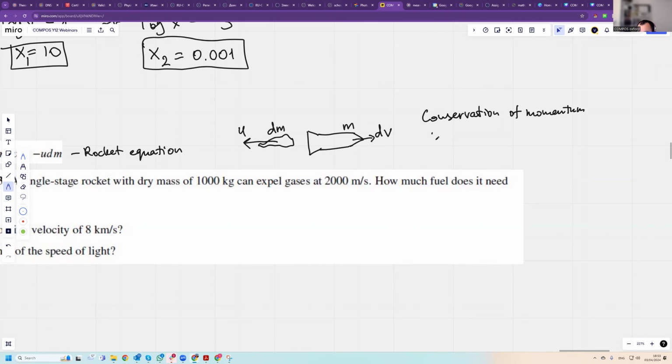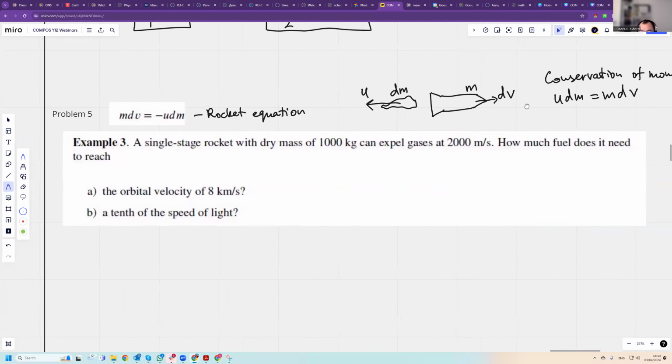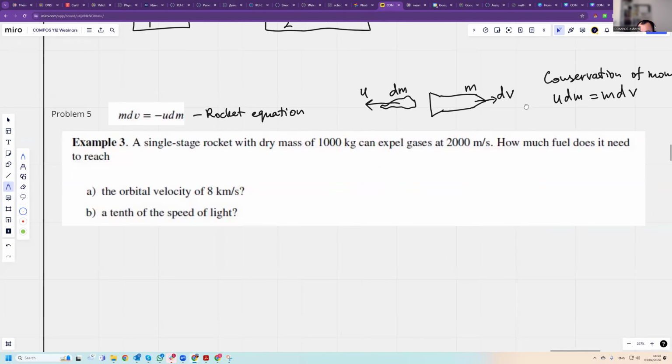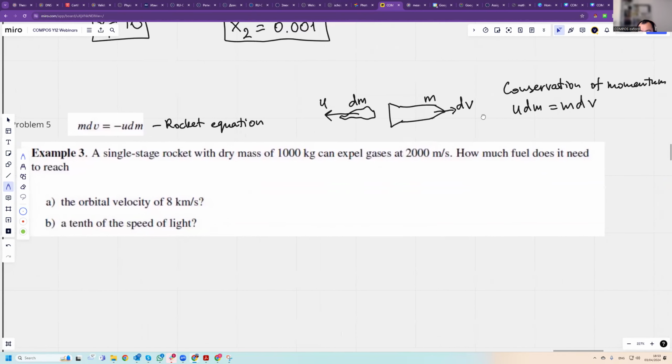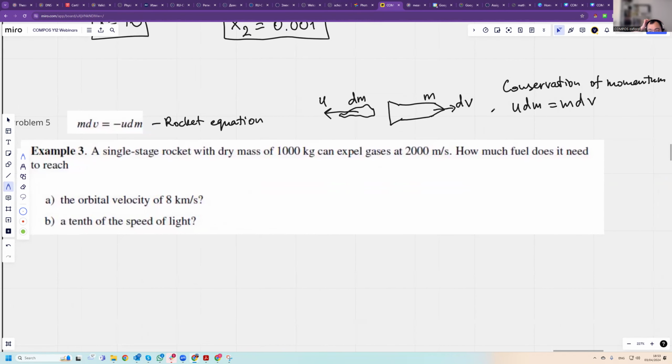And the conservation of momentum says that u dm must equal m dv. Well, why minus? Because dm is the mass of the gas, but it's also the decrease in mass of the rocket.